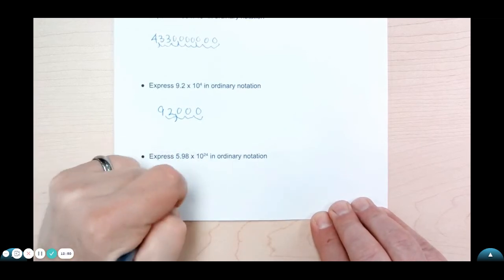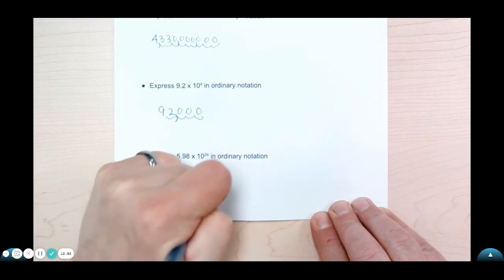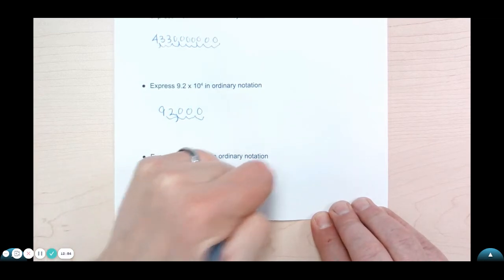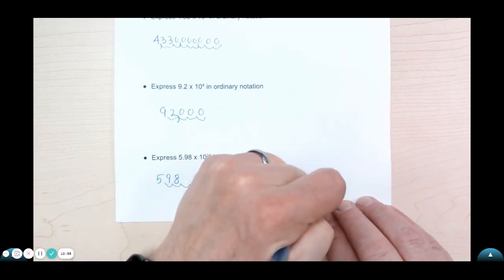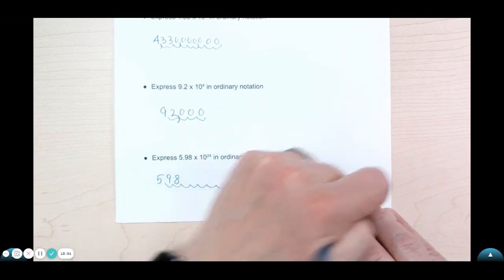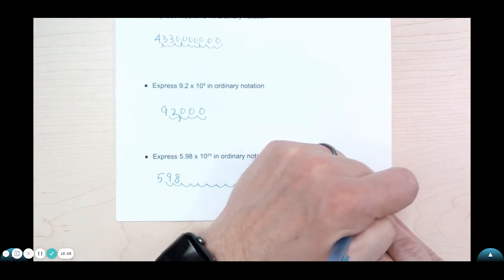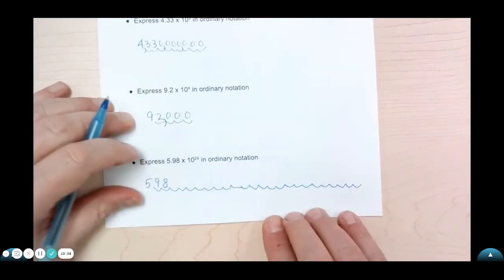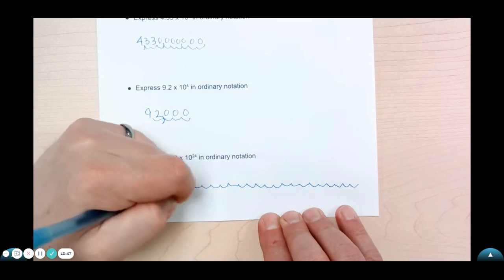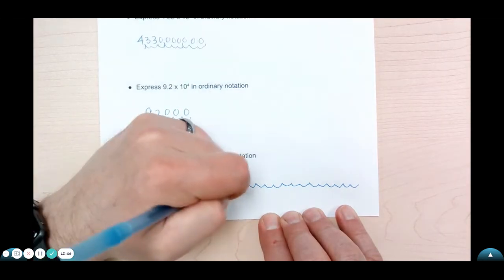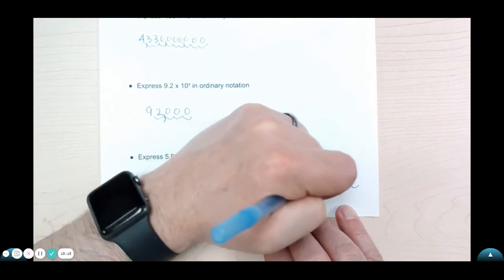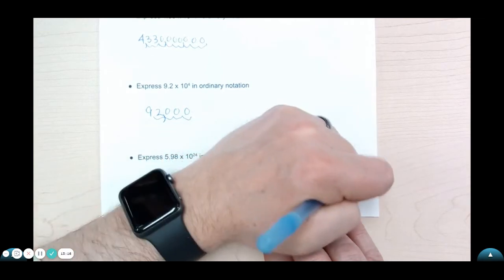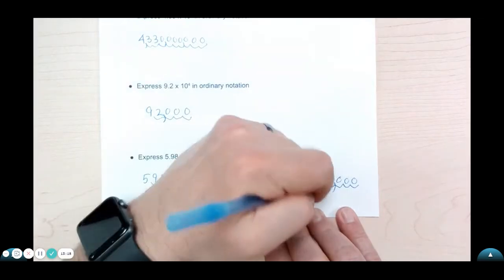So 1, 2, 3, 4, 5, 6, 7, 8, 9, 10, 11, 12, 13, 14, 15, 16, 17, 18, 19, 20, 21, 22, 23, 24. Ooh, that's a big number. So backfill with placeholders. And you can put some commas in.